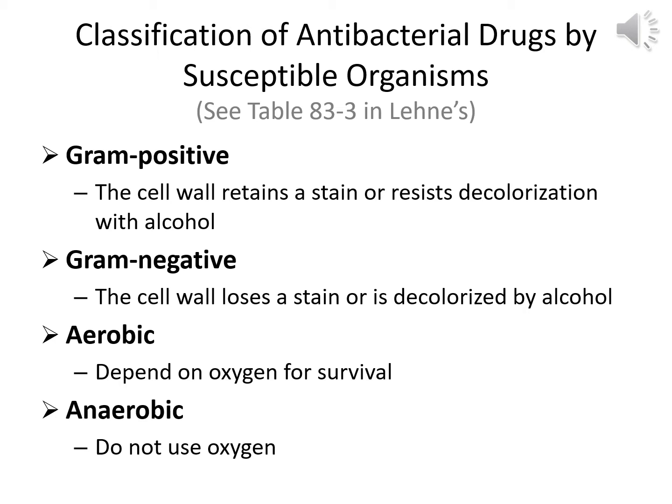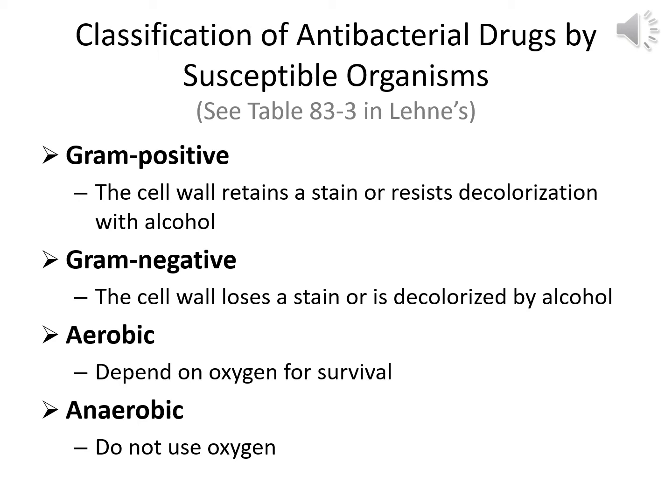They take up the gram stain, so they look blue. Gram-negative bacteria, on the other hand, lose the stain when you do the alcohol wash, primarily because they have lipopolysaccharide in their cell wall. Again, they'll be red rather than blue on a gram stain.